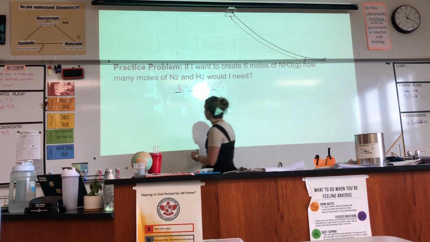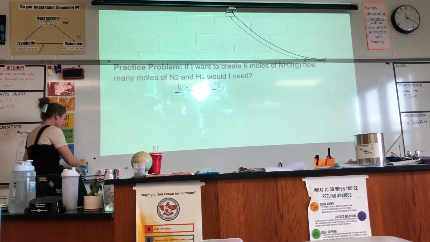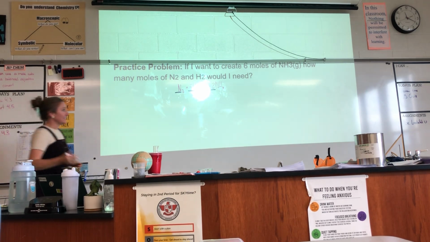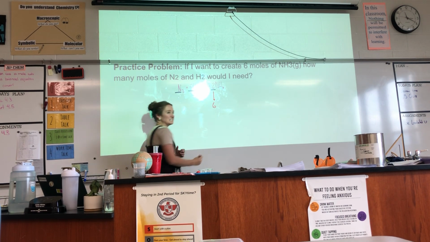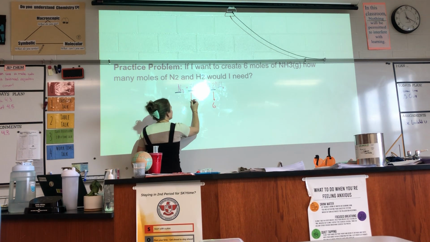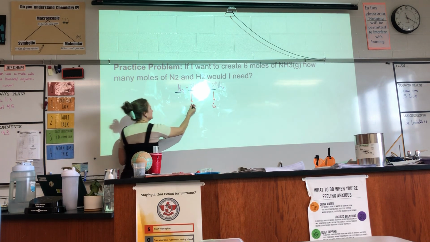So in this problem here, it says if I want to create 6 moles of NH3, how many moles of N2 and H2 would I need? Okay, so in a sense, they want to say, well, I now want 6 of this. So to change it, once again, the ratio must be maintained. It has to stay balanced. So how much of this would I need? 9.